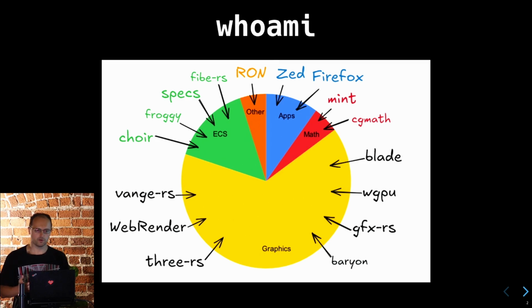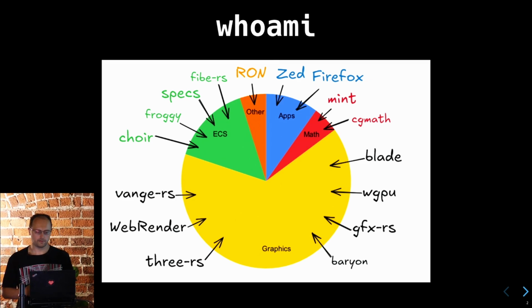I created the Rusty object notation format that's used by a lot of projects, including Bevy. I did a lot of threading systems, unsafe code that Daryl likes, with fibers, specs, entity component system, and lately Choir, a task orchestration system.